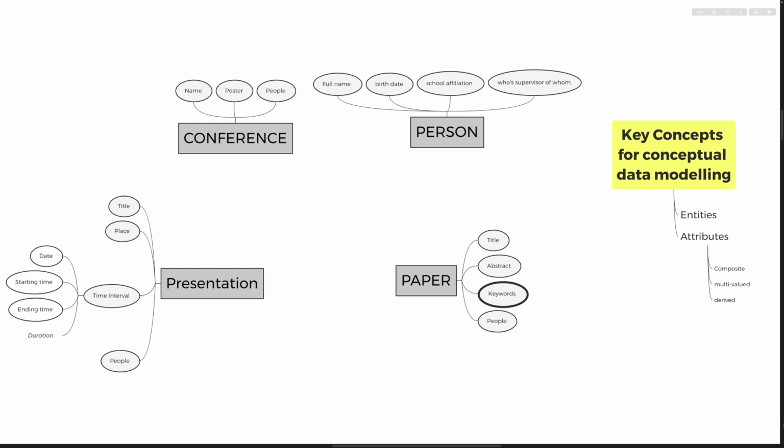Now you can see this is a visual representation of the text that I have here, and I have declared that conference, persons, presentations, and papers are objects that I want to describe, and the bubbles are all the different types of properties that I attribute to these entities.